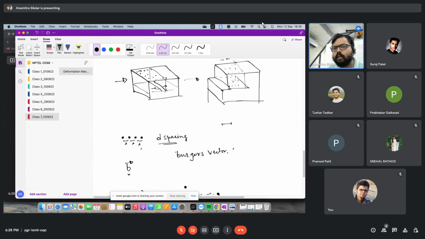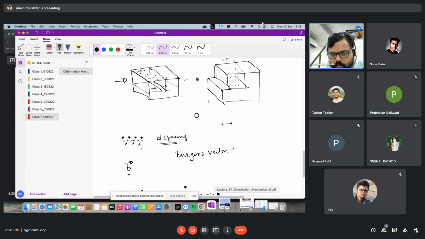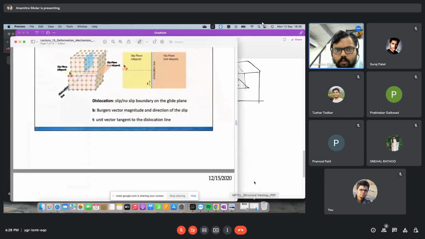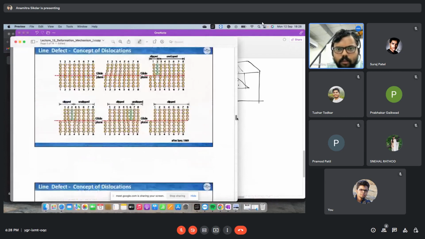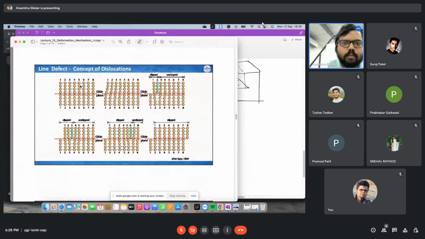Say you are deforming this, okay? This array or column will move up to here or here or here, right? If it moves here, it will move three Burgers vectors, three times b.